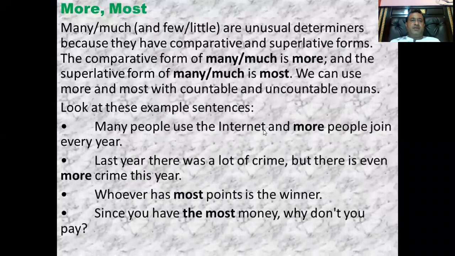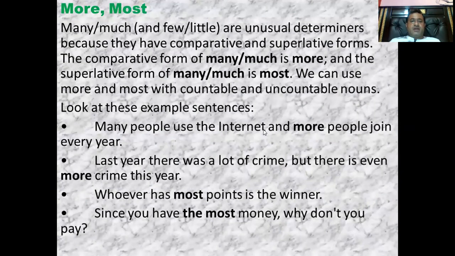Then their comparative and superlative degree, that is more and most. Many, much, and few, little are unusual determiners because they have comparative and superlative forms. The comparative form of many and much, as we already discussed, is more, and their superlative form is most. We can use more and most with countable and uncountable nouns respectively.